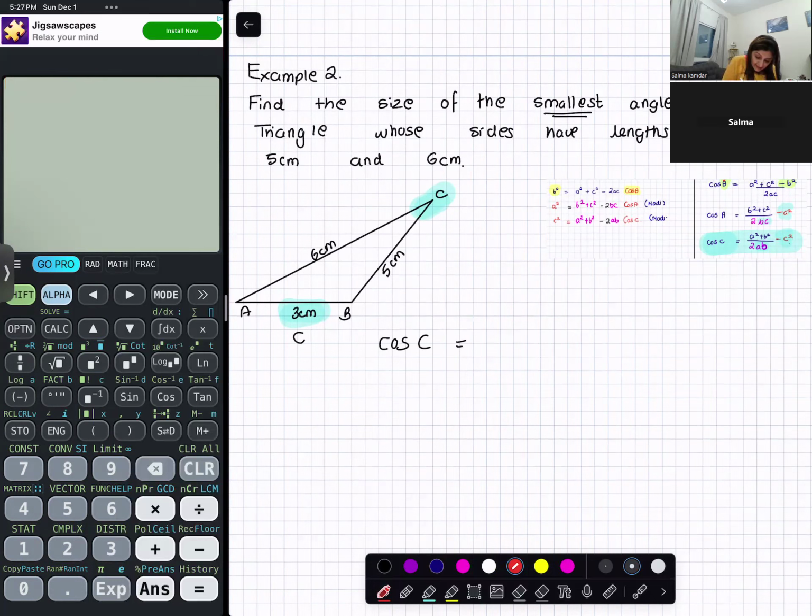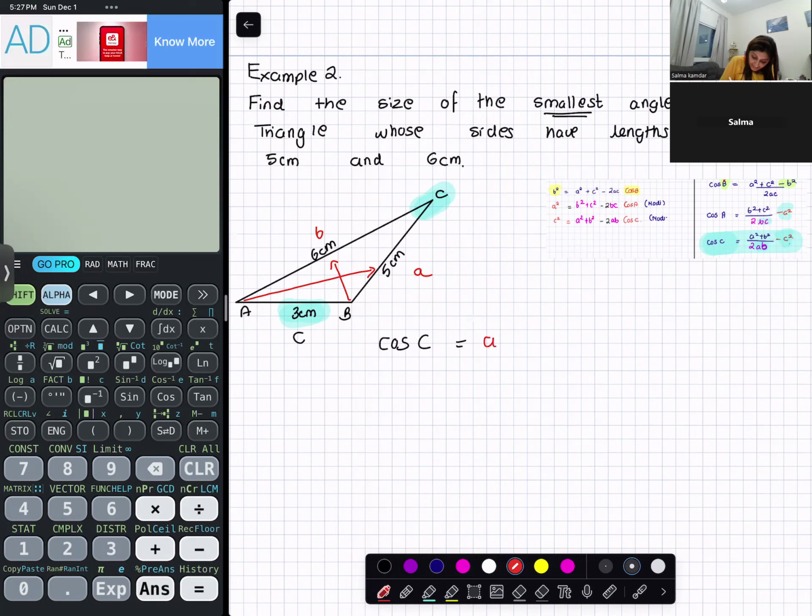The side opposite to angle A would be a. Side opposite to angle B would be your small b. So cos of C would be a square plus b square minus c square over 2ab.